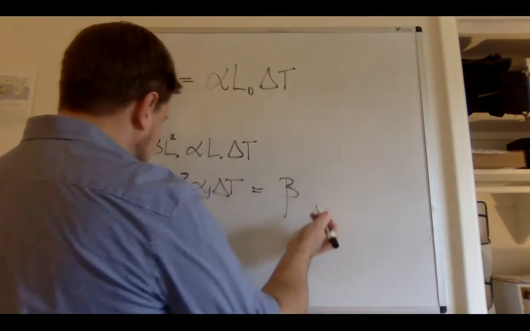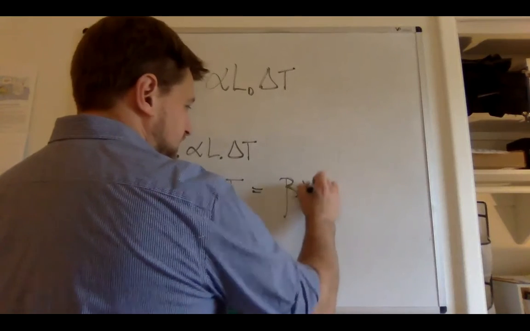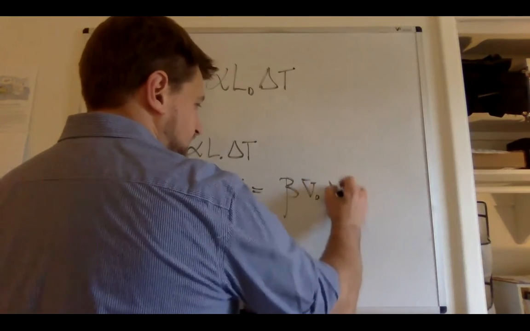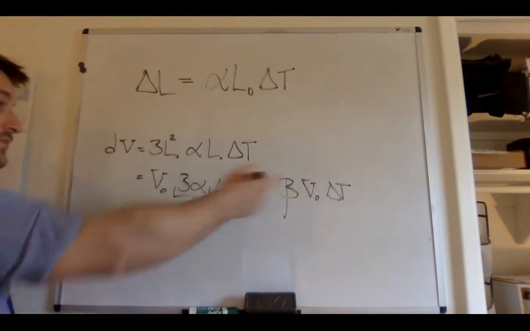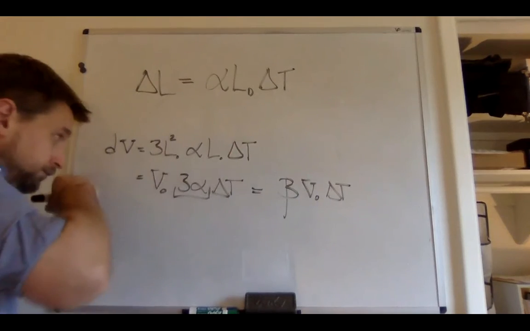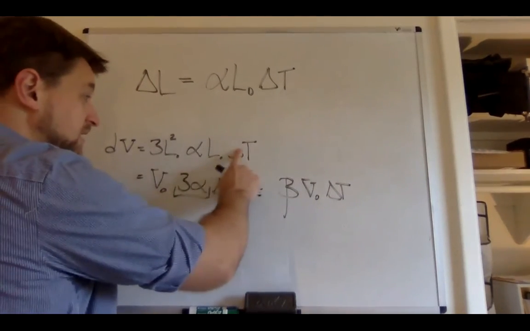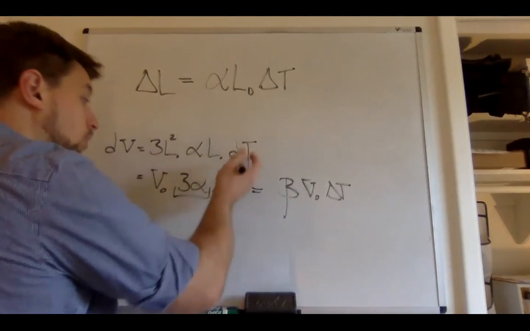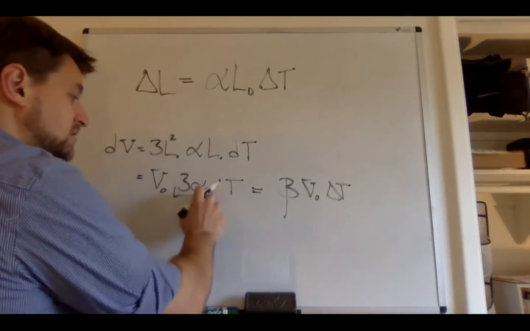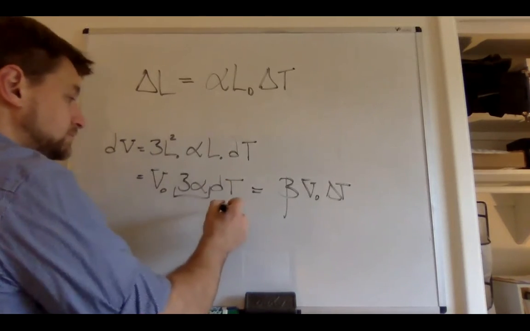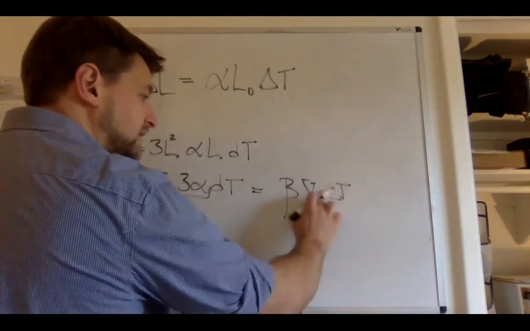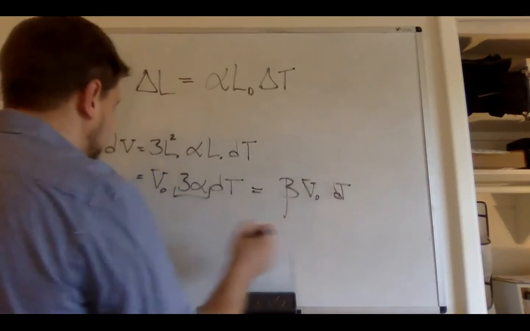Let's call it beta instead of alpha: beta V0 delta T for volume change. If we allow normal size changes in temperature instead of differential ones, then we're talking about delta T and delta V.